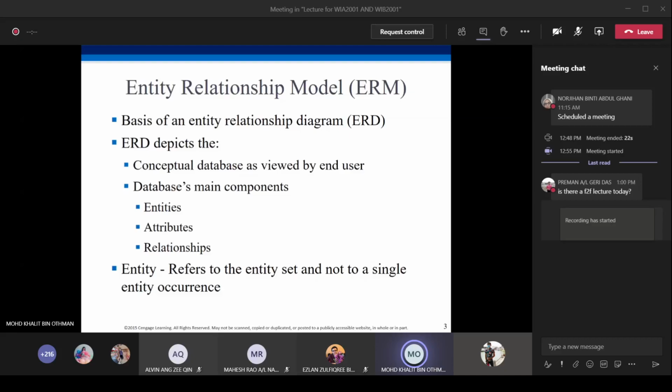Entity normally refers to an entity set and not to a single entity occurrence. In other words, an entity in the ERM corresponds to a table, not to a row.